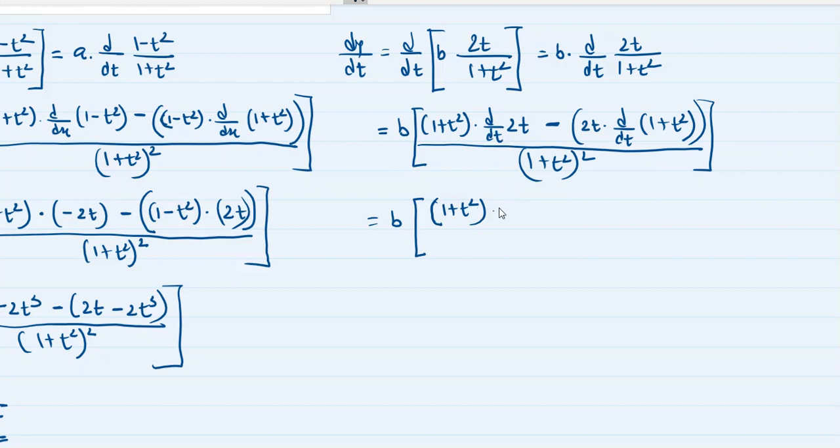d by dt of 2t is nothing but 2. d by dt of 1 plus t square is 0 plus 2t. So you get 2t over here.